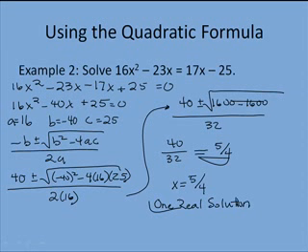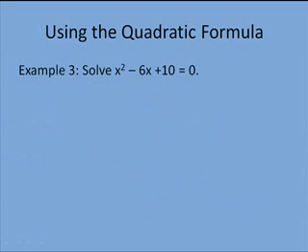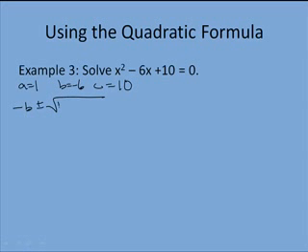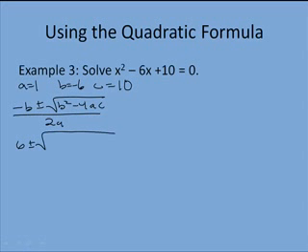Let's look at one more example. Whew, this one's already in standard form, so we can find our a, b, and c values. A equals 1, b equals negative 6, and c equals 10. When we plug that into our quadratic formula, we get a negative 6, which is positive 6, plus or minus the square root of b squared.